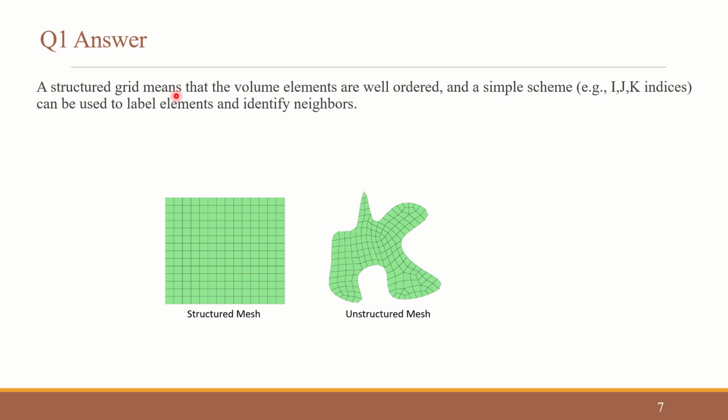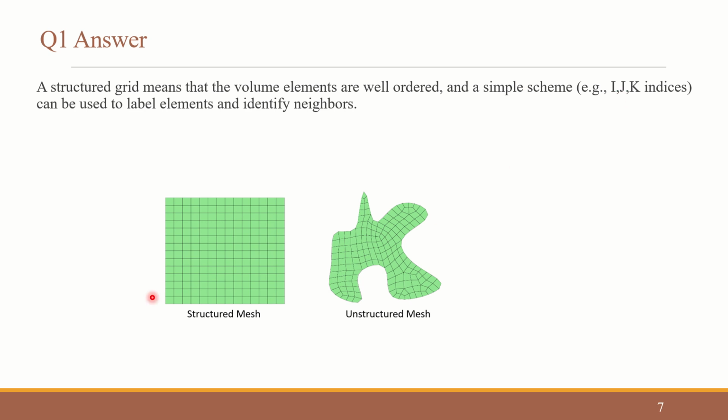A structured grid means that the volume elements are well ordered and a simple scheme like IJK indices can be used to label elements and identify neighbors. So here we are able to see well-ordered volume elements, mesh elements, and a simple scheme.